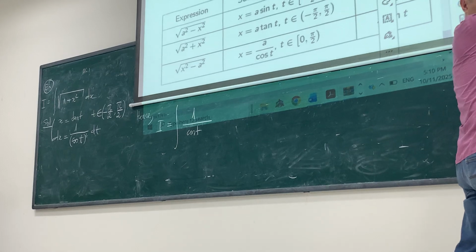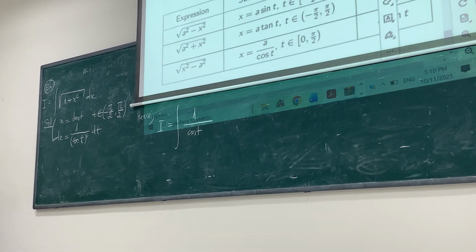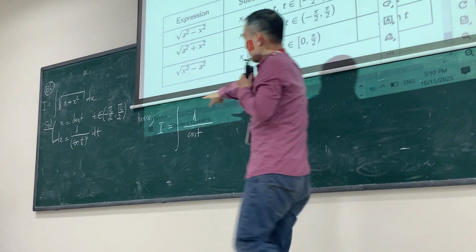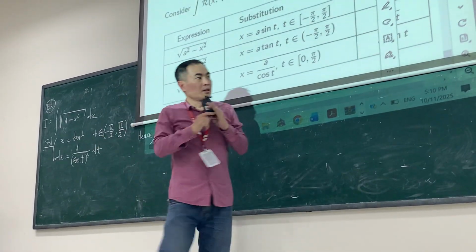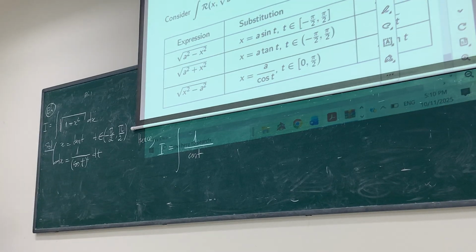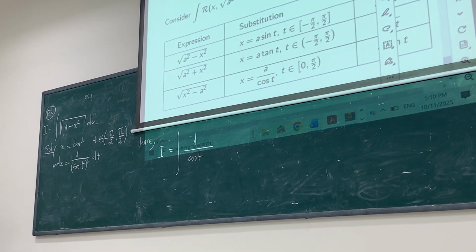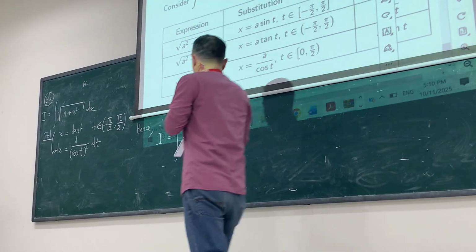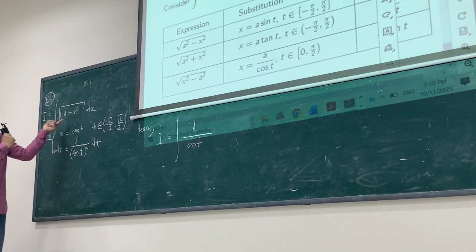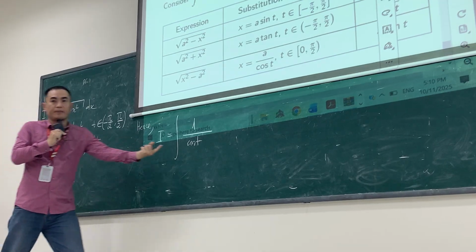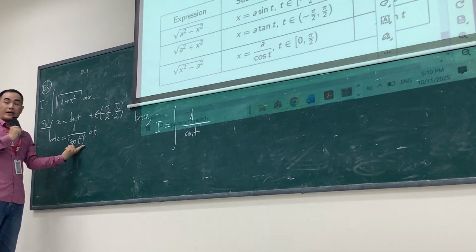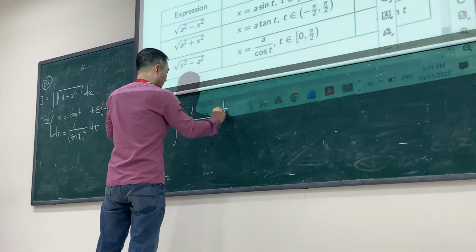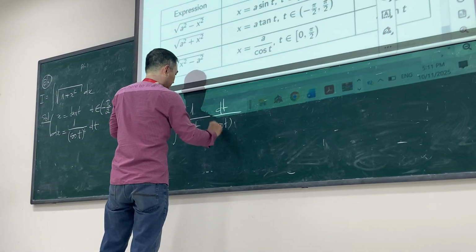We take the square root, which equals the absolute value, but t belongs to that interval, so cosine t is always positive and we can ignore the absolute value. So the square root of 1 plus x squared is equal to 1 over cosine t, and dx is dt over cosine t squared.